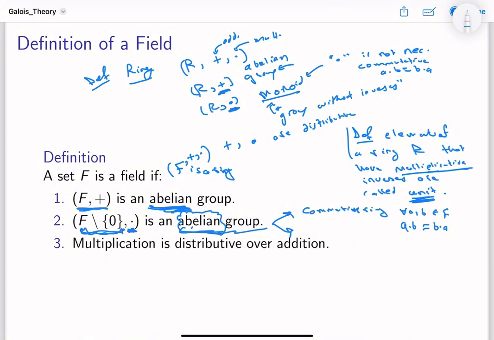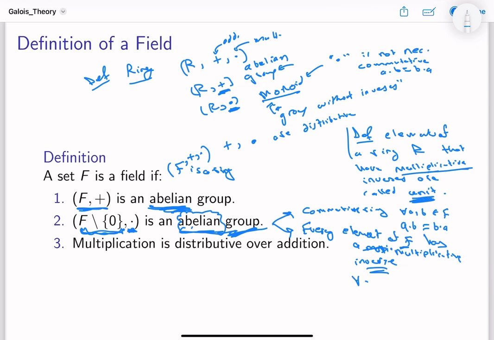And the other additional thing is that it is a group and it's no longer a monoid. And what we mean here is that every element of the field is a unit. And to state this differently, every element of F has a multiplicative inverse. And this is very important. It literally means that every element of the field F is actually a unit, right?